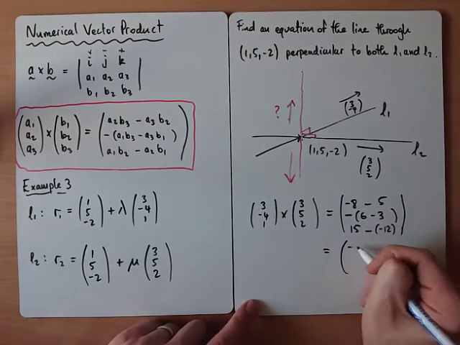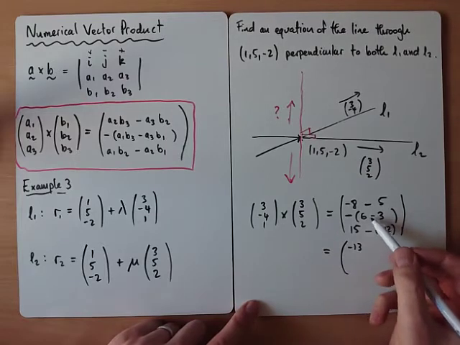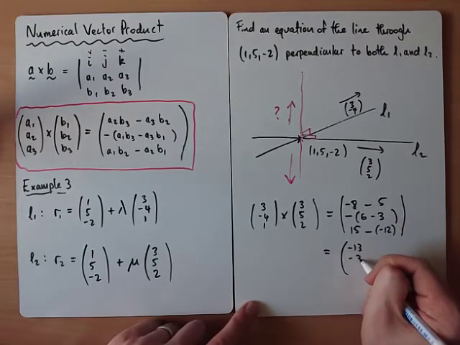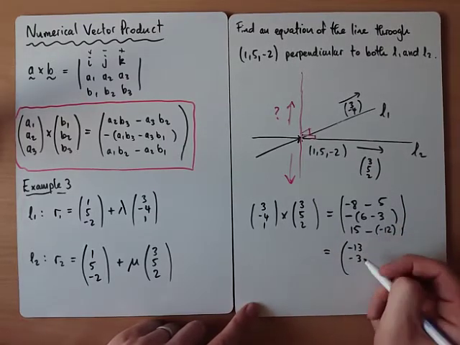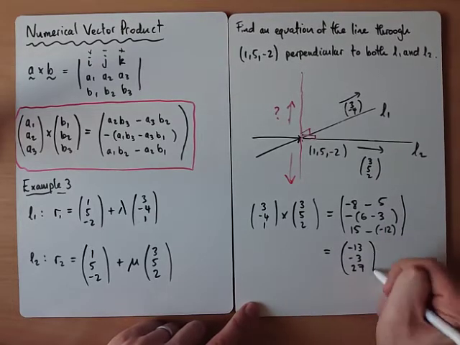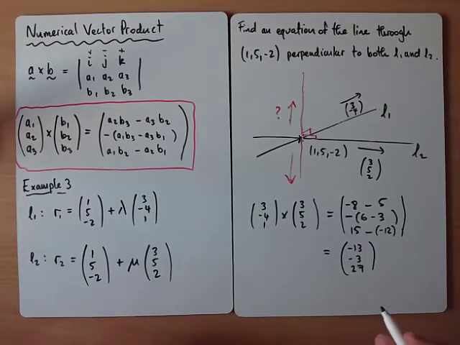So I've got -13, -3, 27. Okay, so we're done.